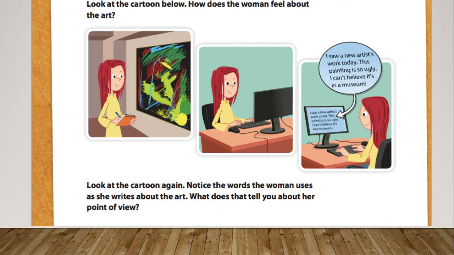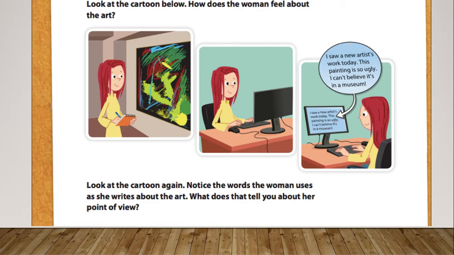So when we look at this cartoon, we see a woman and she's looking at a piece of artwork. Then she goes and she's writing a review about the artwork. Here's what she says: I saw a new artist's work today. This painting is so ugly, I can't believe it's in a museum.